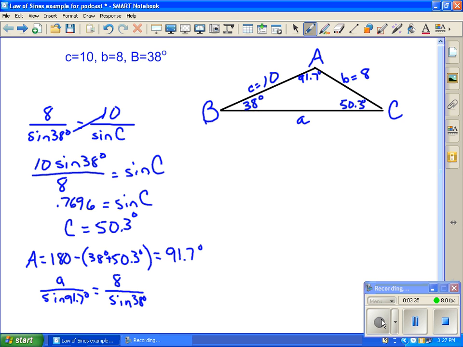And when we multiply the 8 times the sine of 91.7 and divide by the sine of 38, we get a is 12.98. So those are the first solutions to our problem.